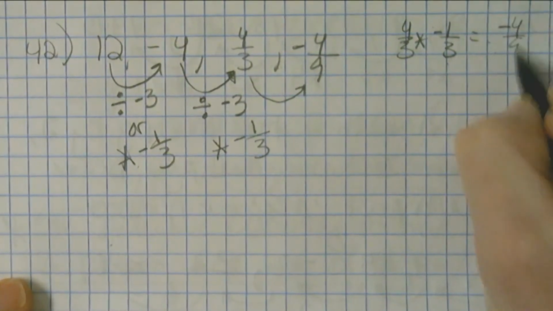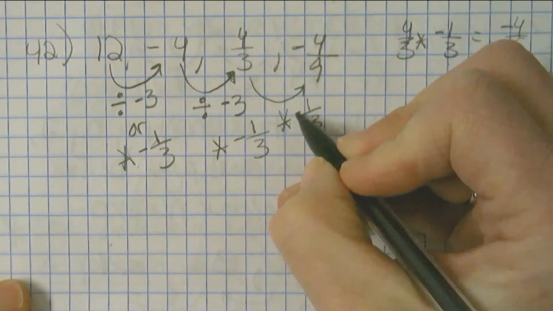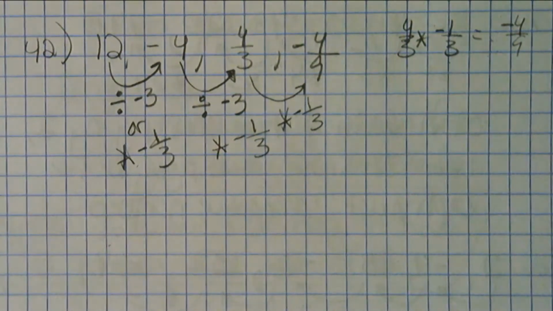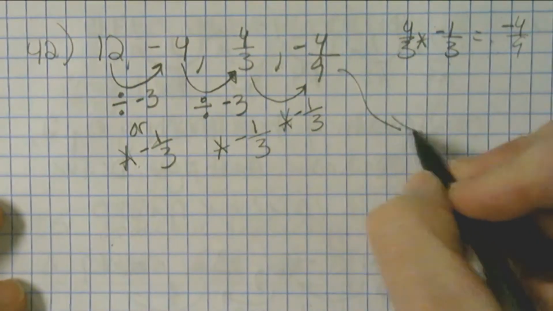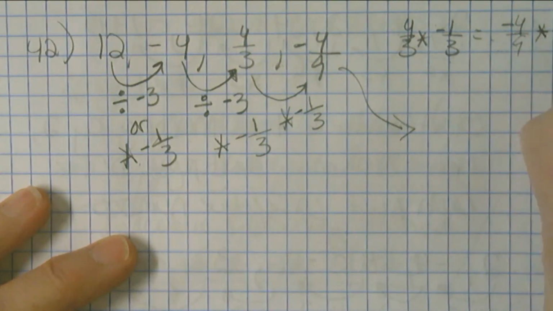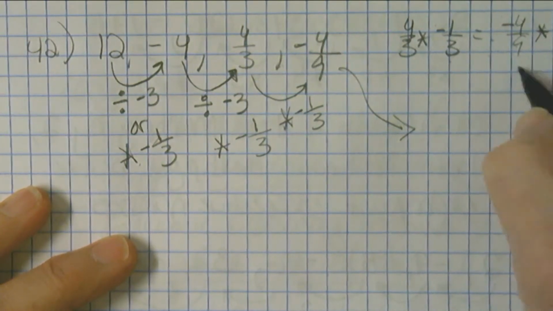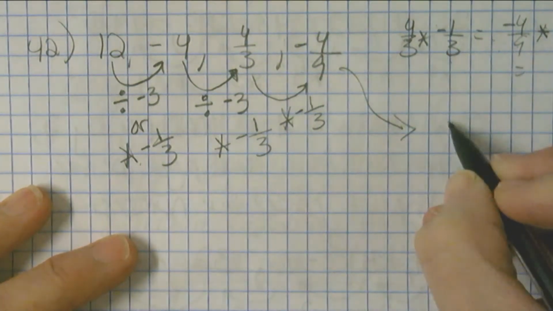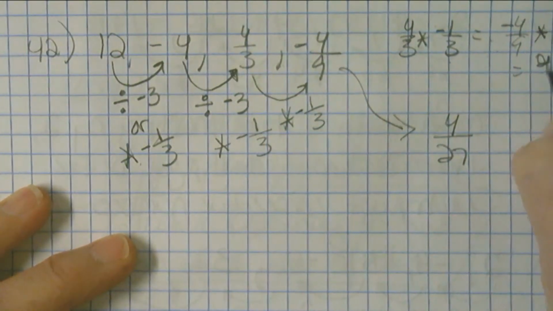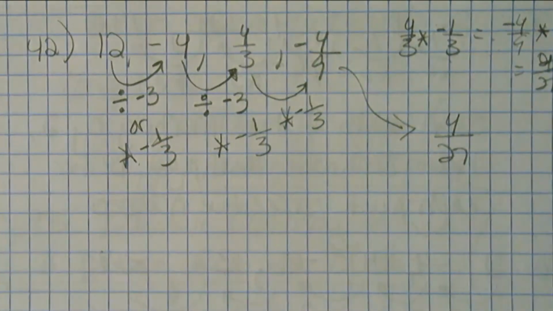Yeah. So my pattern is multiply by a negative 1/3. So my next two terms in my sequence are going to be negative 4/9 times a negative 1/3, which gives me a positive 4/27, and then I'm going to multiply that by a negative 1/3 as well.